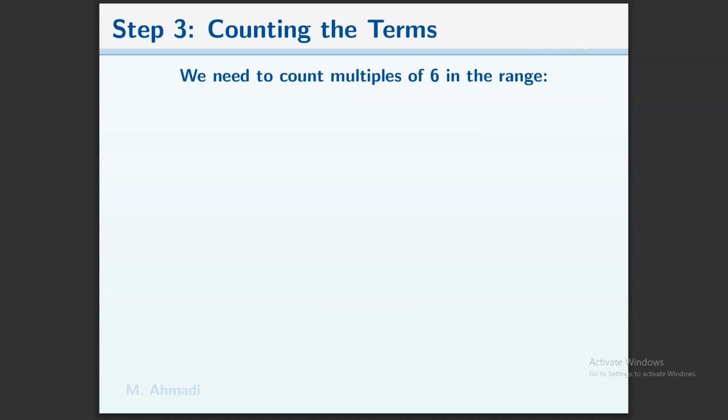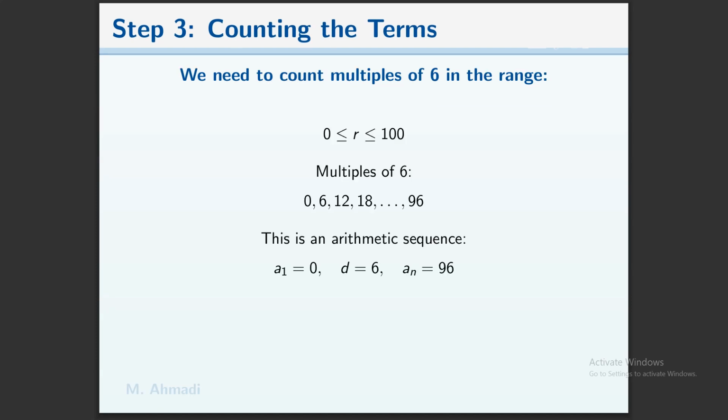So we need to count the multiples of 6 in this range, where r is greater than or equal to 0 and less than or equal to 100. The multiples of 6 are 0, 6, 12, 18, and so on, up to 96.